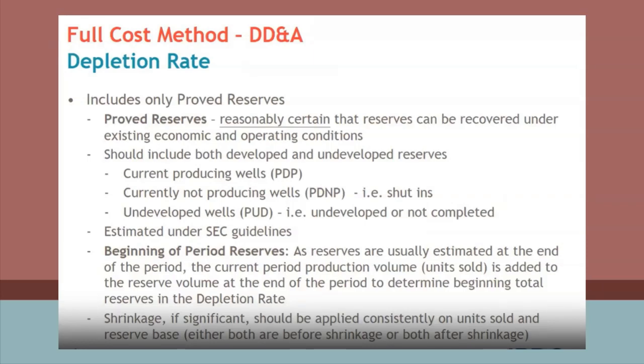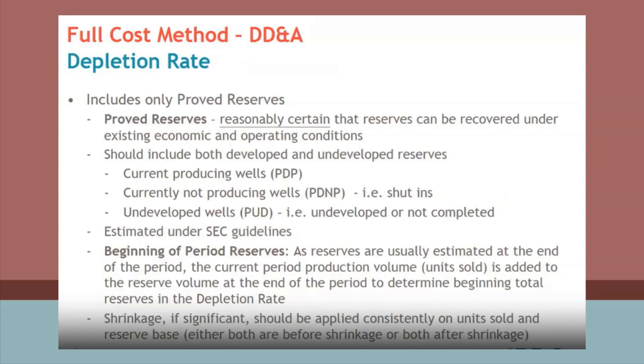So proved reserves are reasonably certain, where the company is reasonably certain that reserves can be recovered under existing economic and operating conditions. So these have been proved up. The company's gone out there, they've done their research, they know that there's reserves in the ground. That's the reserves we care to factor in here.